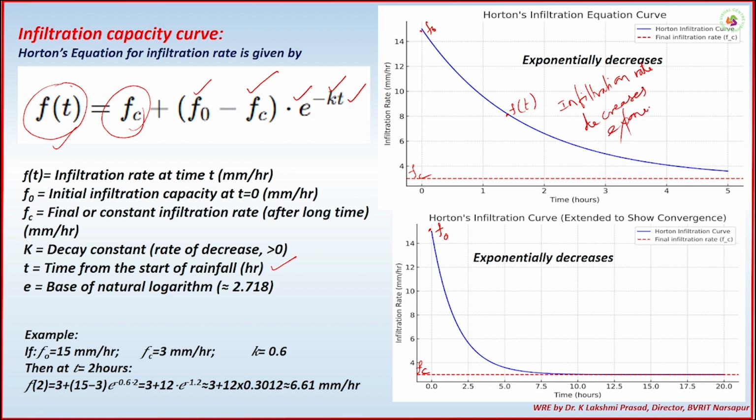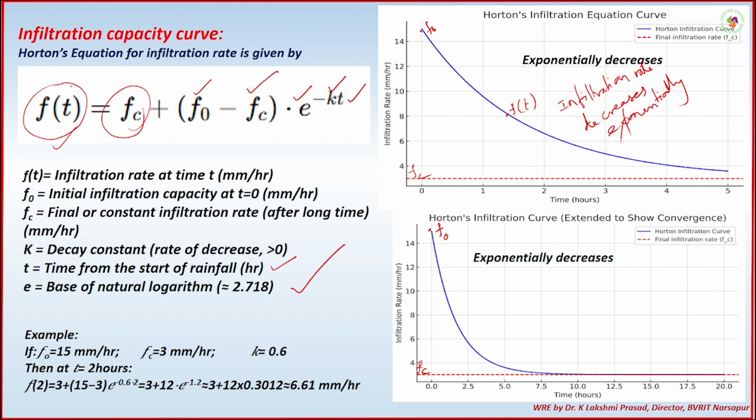That is what Horton's curve is, and he has given an excellent equation which everybody should know. Remember, the infiltration rate at any time, Ft, is equal to the constant infiltration Fc plus F0 minus Fc into e to the power of minus kt.